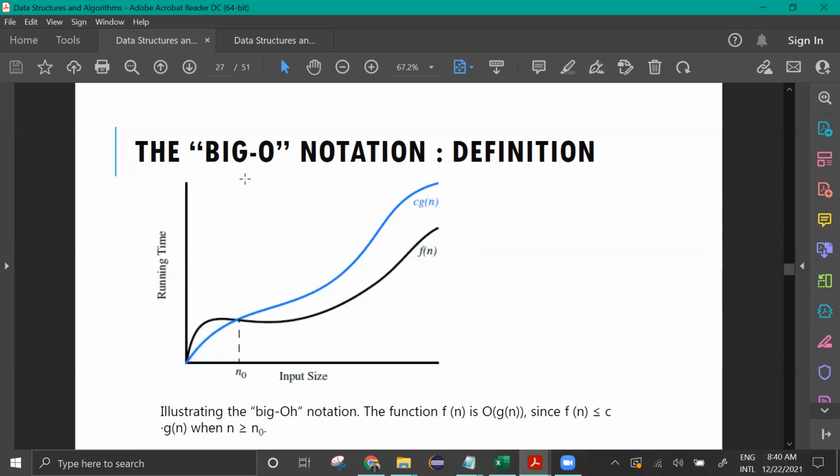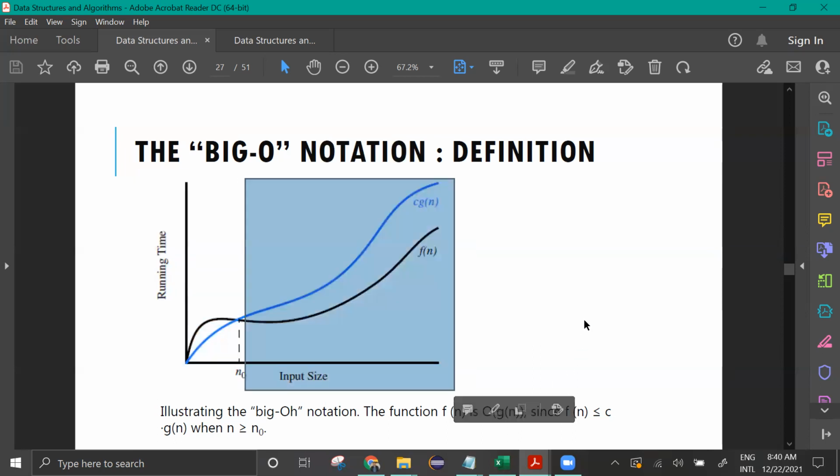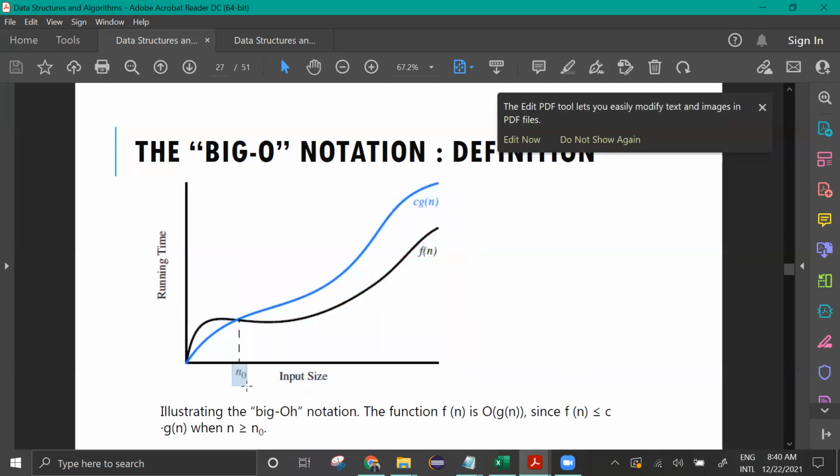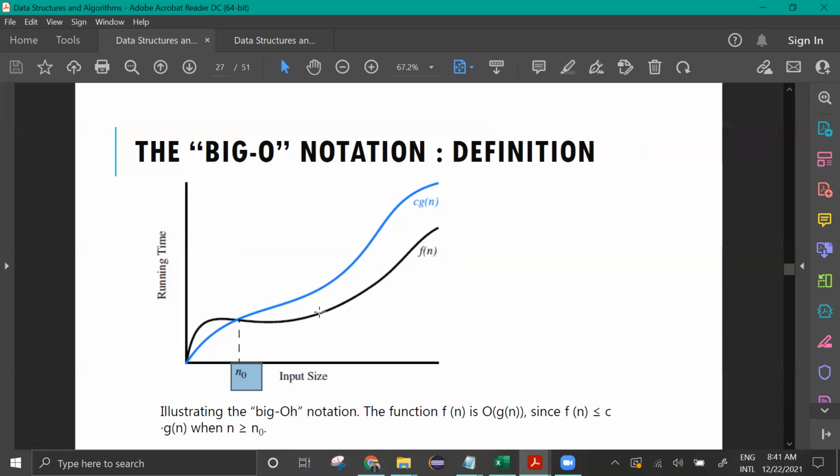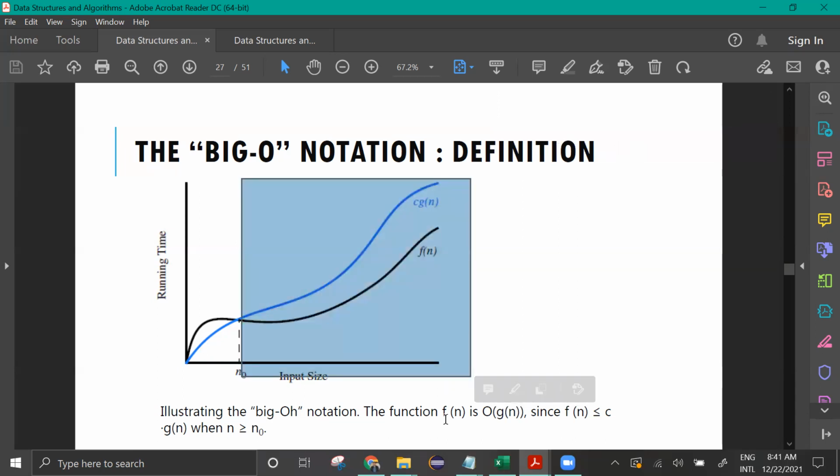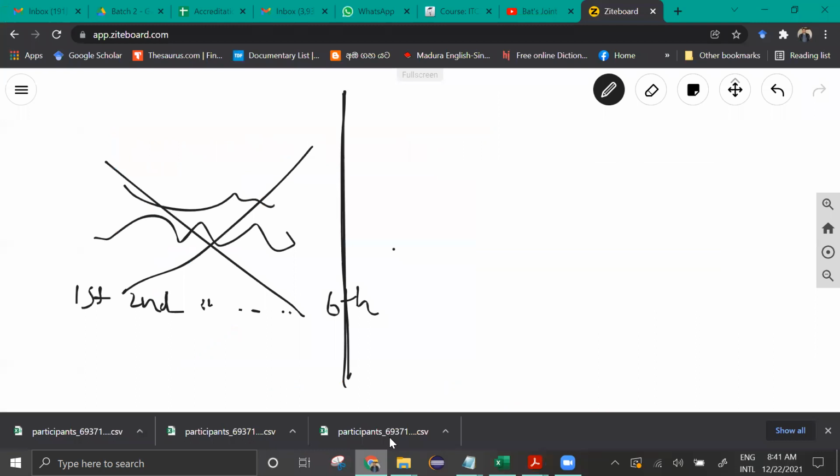But in the area that we consider, if we can define a value like this, then in this area of our consideration, c·g(n) has to be above the f(n), right? Above the f(n).